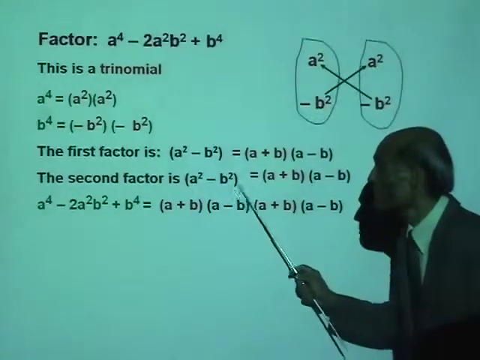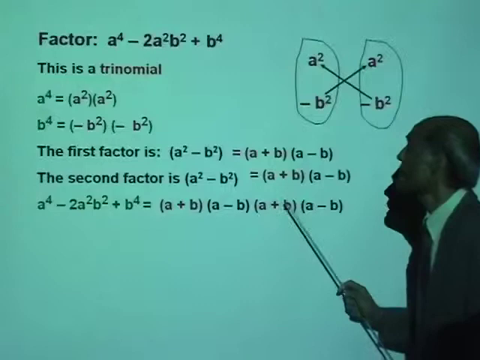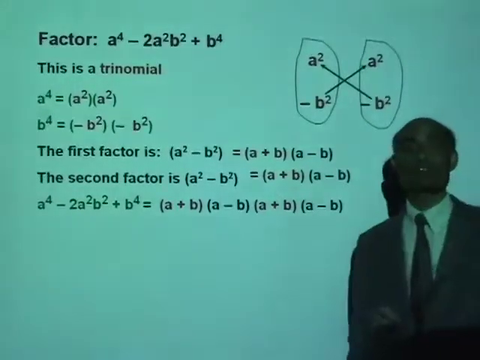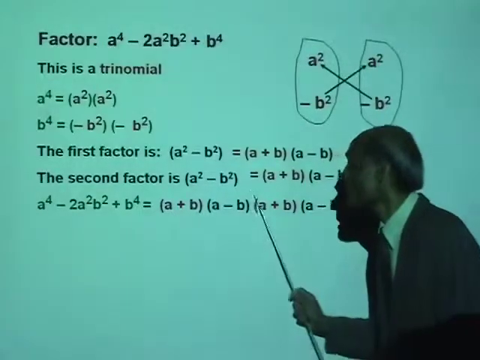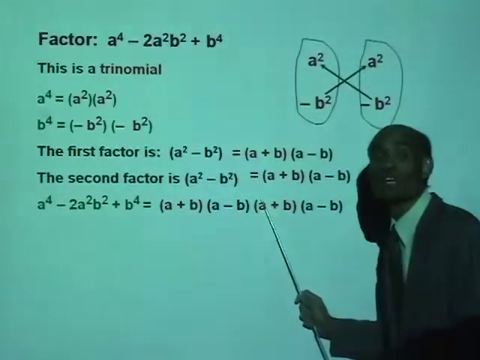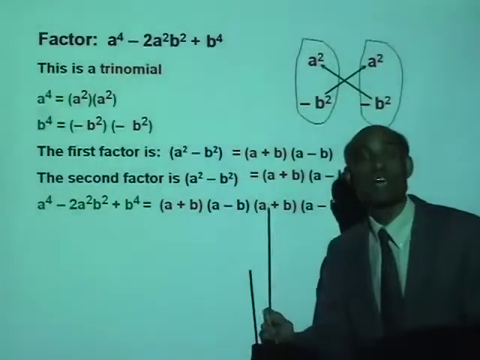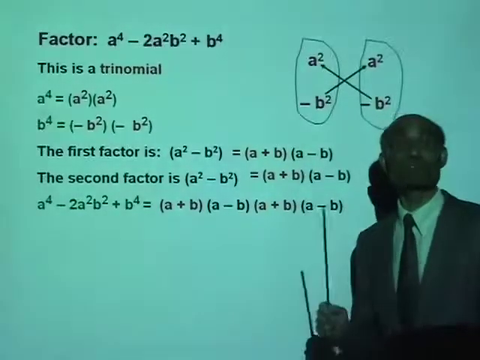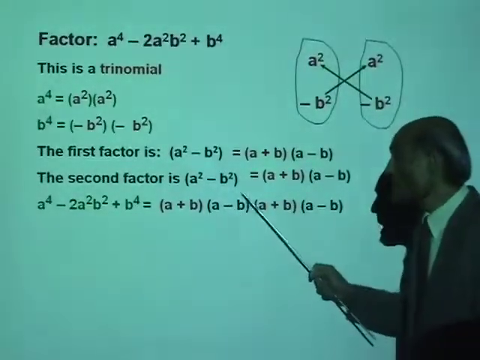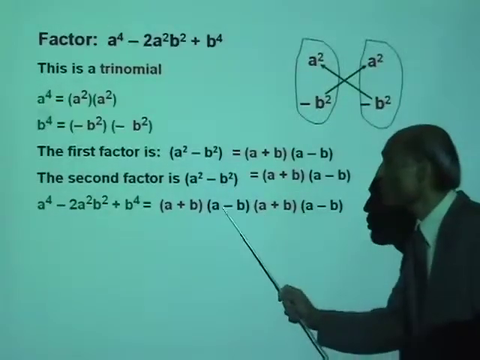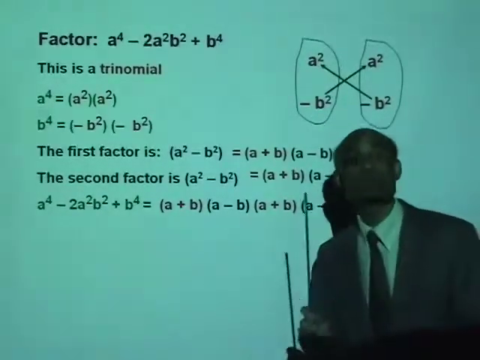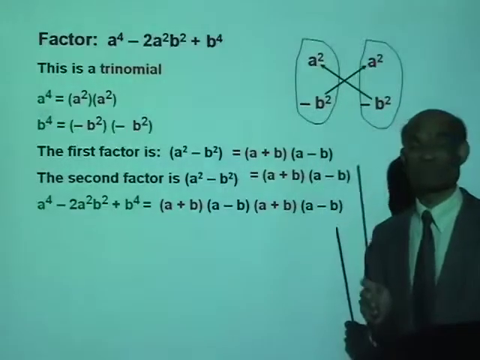And the second factor also is a plus b times a minus b. And now, a plus b times a plus b is the quantity a plus b to the power of 2. And a minus b times a minus b is the quantity a minus b to the power of 2.